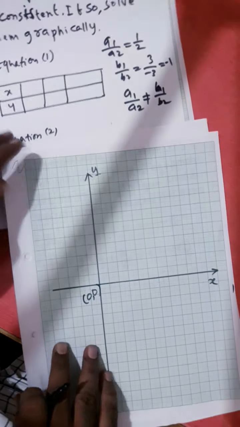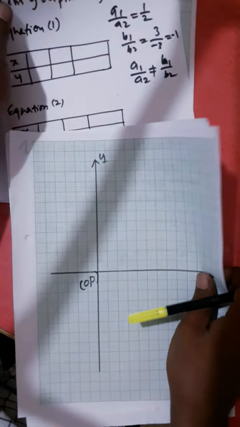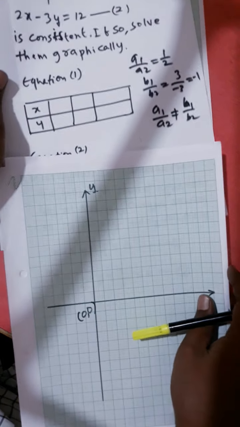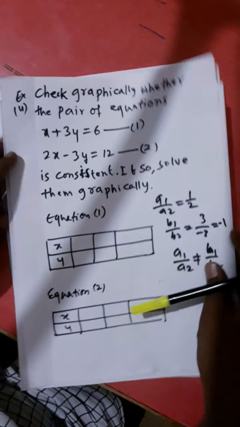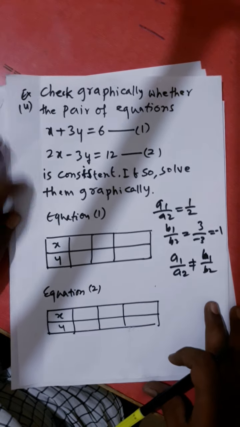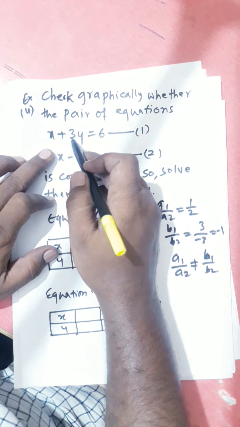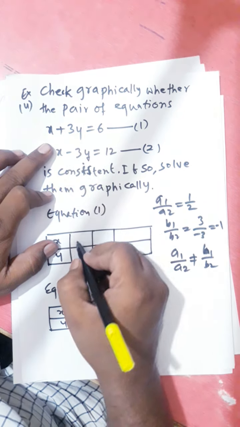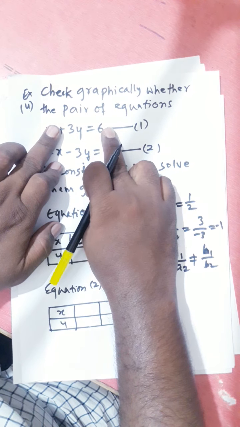If you want to solve them graphically, if you want to take the solution, see at what point they are intersecting, that point will be the solution of this pair of equations. Now, in the first equation, first let me take the values. If I put x is equal to 0, then what will be y? 3y is equal to 6.